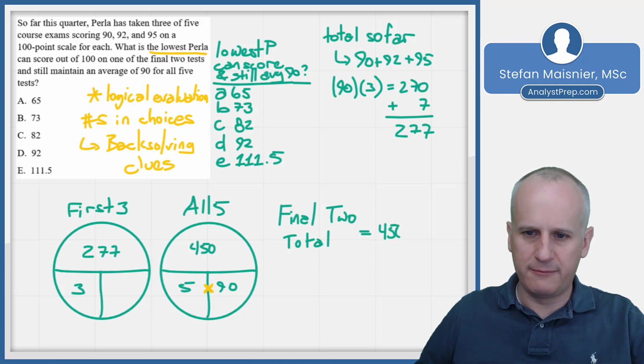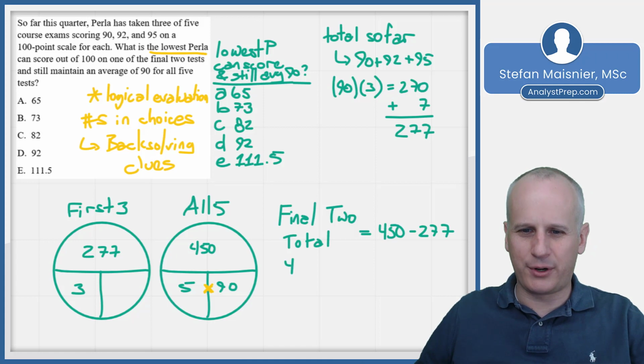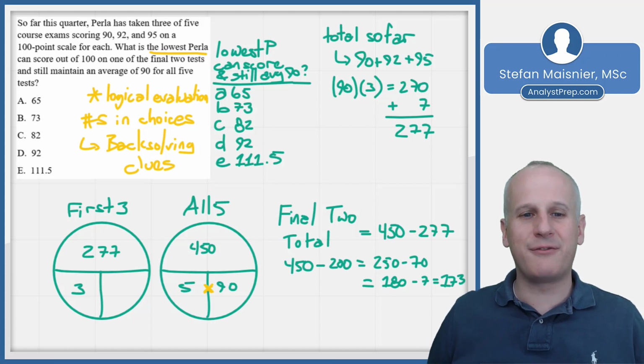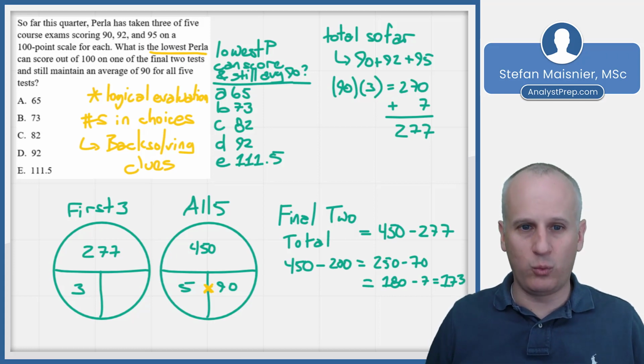So 450 minus 277. So again, just kind of working through our structure, 450 minus 200 is going to be equal to 250, minus 70 is going to get me down to 180, minus 7 is going to be equal to 173. So we know that we're trying to figure out the lowest that she could score on one of the tests.